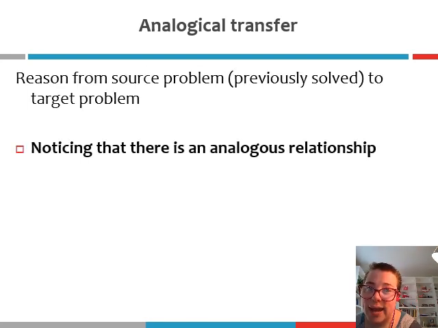So what analogical transfer requires you to do is reason from the previously solved problem called the source problem, in this case the fortress problem, to a new unsolved problem called the target problem. Right? So the source problem is the fortress problem, and the new target problem is the radiation problem.